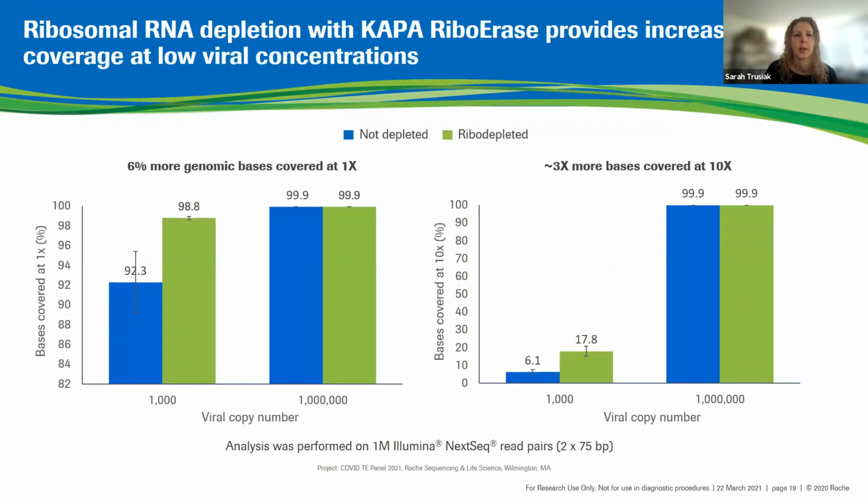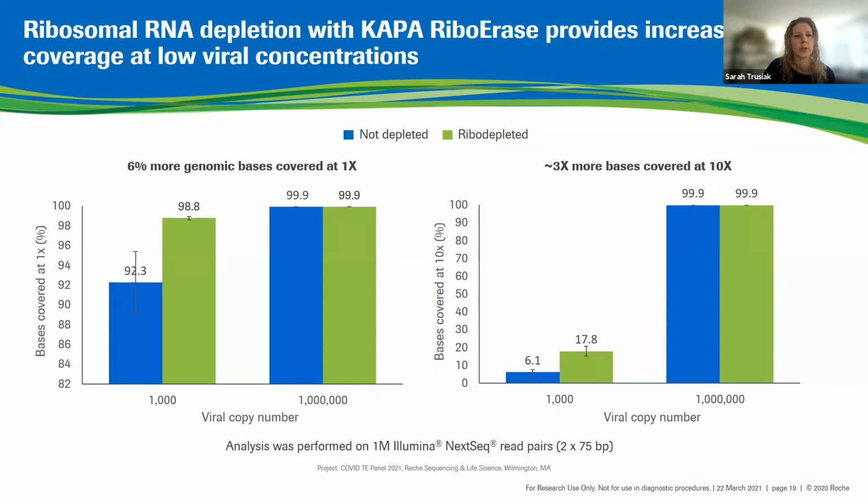So when we tested ribosomal depletion, we did find that it provided increased coverage for our low viral copy samples. For this experiment, we tested 1,000 and 1 million viral copies in 100 nanograms of human RNA background.